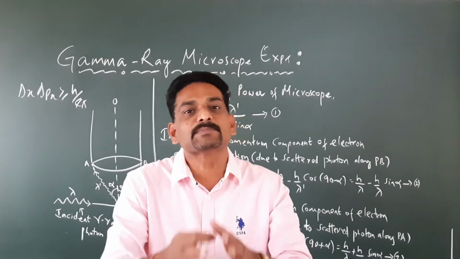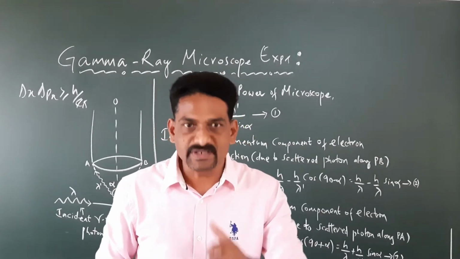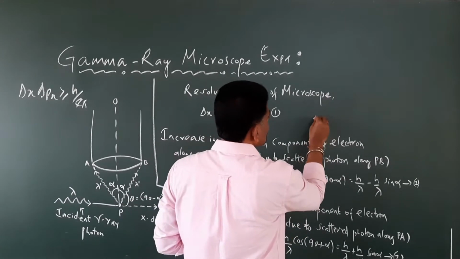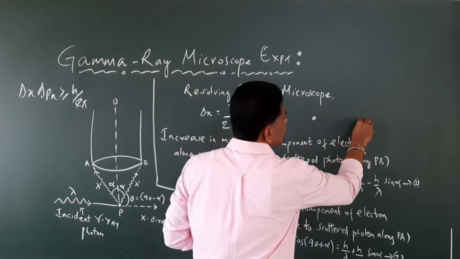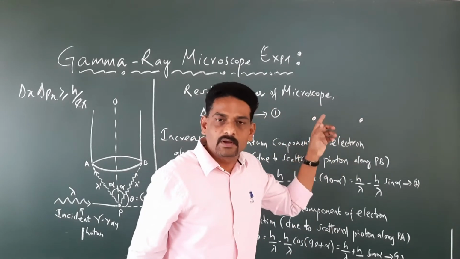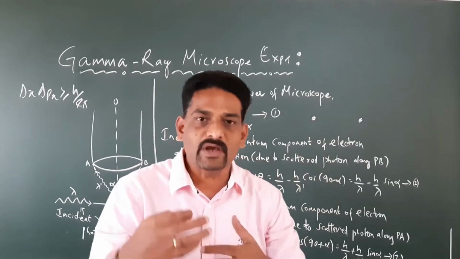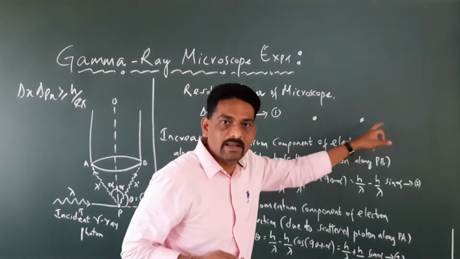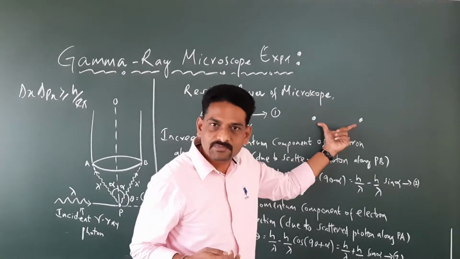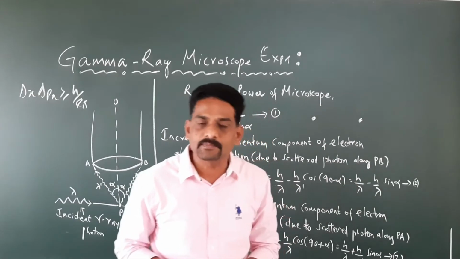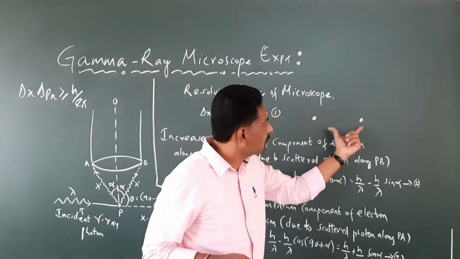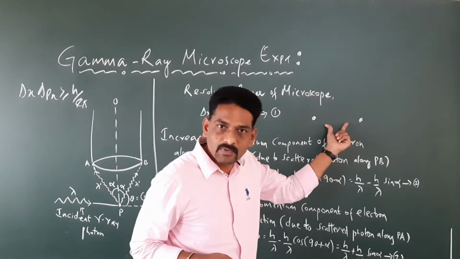What I mean is, let's say we have two objects. This is one point, this is another point. We are seeing them through our naked eye, and it is very clear that they are separated by a particular distance. I can see them very clearly as separate, there is no problem whatsoever. Suppose I keep on reducing the distance between them.